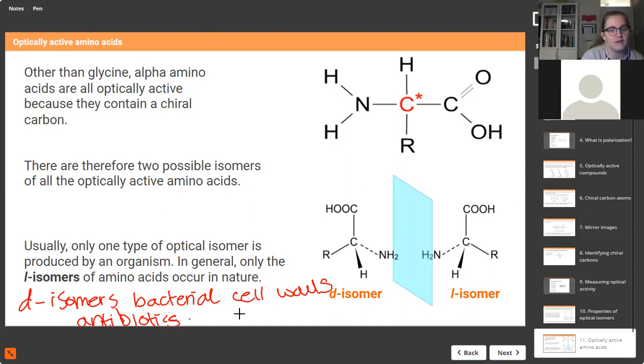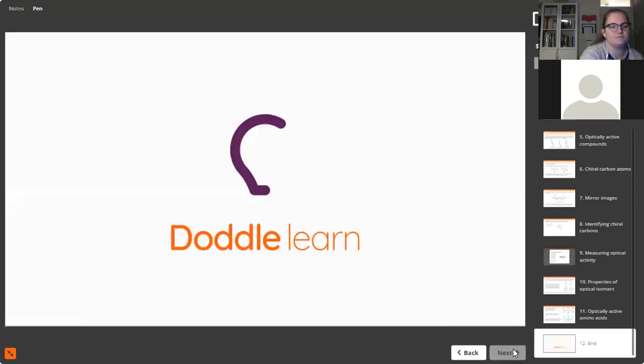Basically they target the amino acids that have the D isomer, so they damage the bacterial cell walls and not the human proteins. That's why our bodies don't get as ill from the antibiotics, and it does target the bacteria. So we've made use of that optical isomerism when producing medicine.